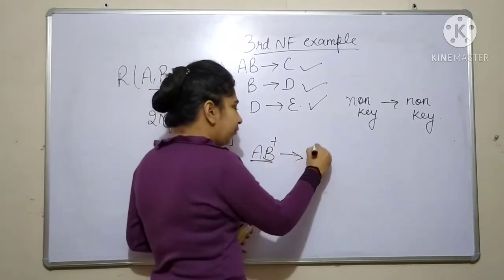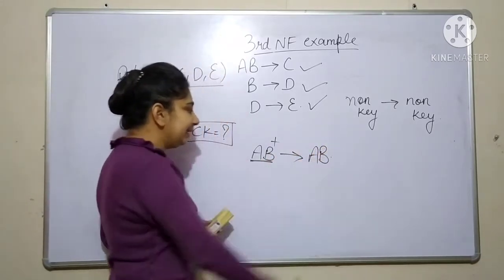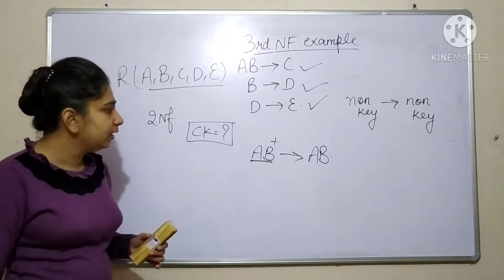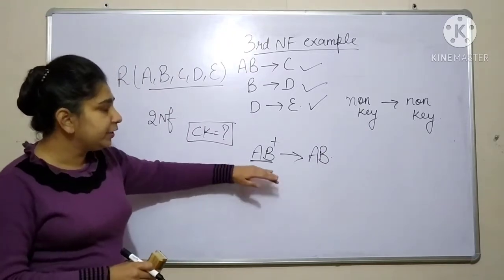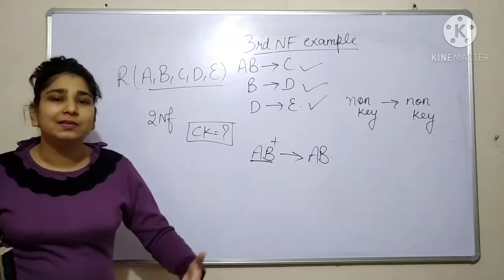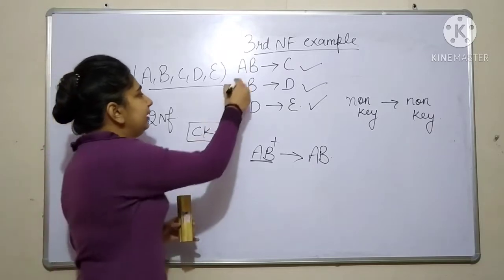With the help of AB, we are determining attributes A and B. If I give you the values of A and B, what other attributes can we determine?